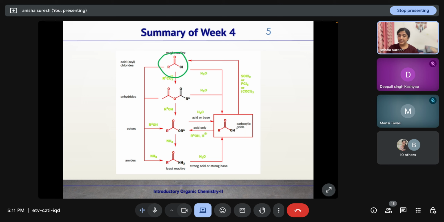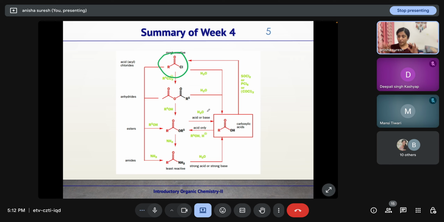Similarly, carboxylic acid can also be converted into each of these. If carboxylic acid reacts with SOCl2, that is thionyl chloride, PCl5, oxalyl chloride, etc., it forms the acid chloride. And if it reacts with an alcohol, it forms esters.